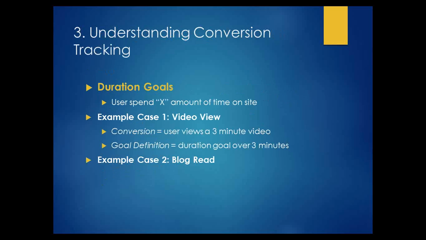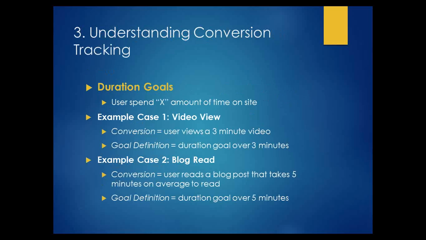Another example case where you might use this is, let's say you blog, right? And you want people to read specific articles. So what you could say as a conversion is someone reads a blog post that on average you think would take 5 minutes to complete reading it. At an average reading speed, 5 minutes of reading time would be deemed as valuable.